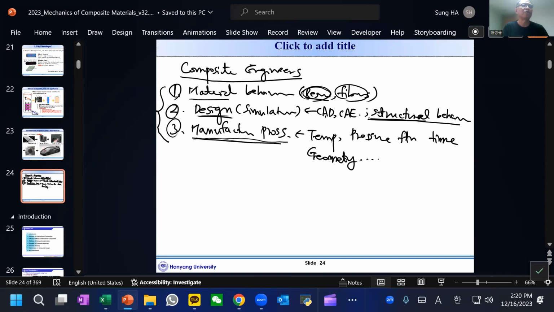So you can choose any job you like, rather than just being chosen by the company. You can choose what you like to do if you are a good composite engineer. Okay, I cannot emphasize enough how important these three concepts are.